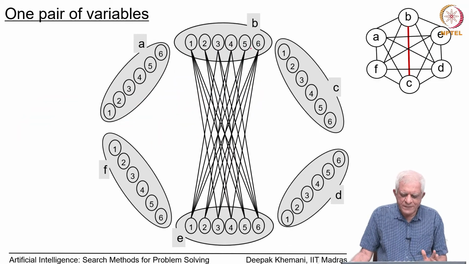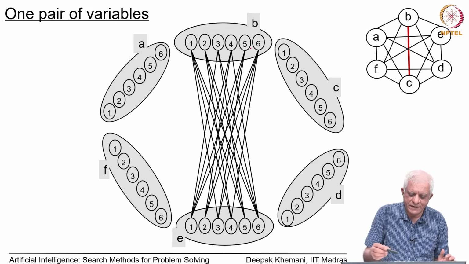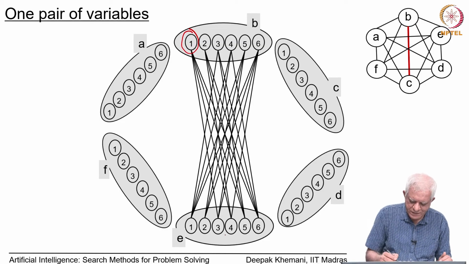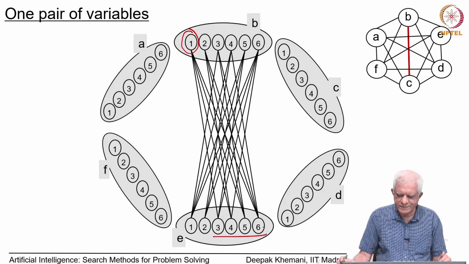So, if you look at a pair of variables, in this case B and C, then you can see that each of them has 3 or 4 partners on the other columns. So, queen B, if it is on row 1, then it can be placed on 3, 4, 5, 6.